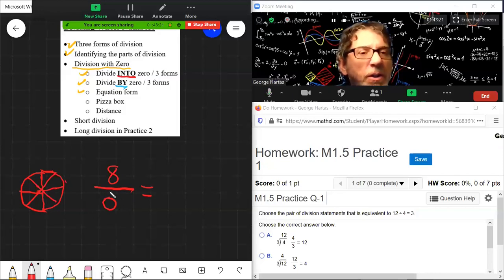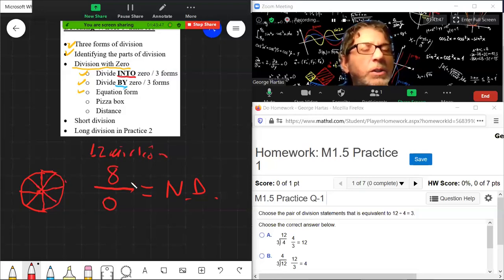Look, there's no box. Right here, it tells you, no box. Part over the whole. There's no whole. So this makes 0 sense. No, there are not 8 slices. This makes absolutely no sense at all. Not defined. It doesn't matter how big this number is. 1.2 million. I don't care what it is. If the 0 is in the denominator, it is not defined.